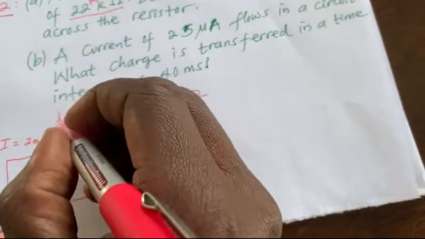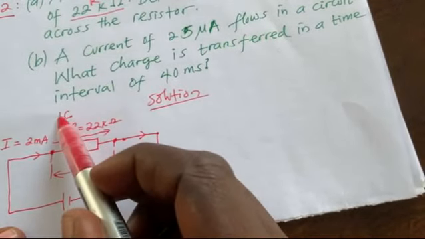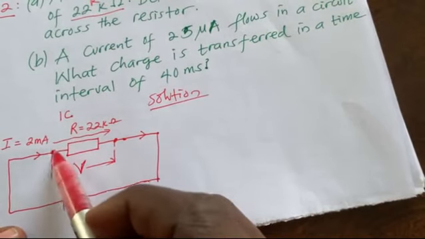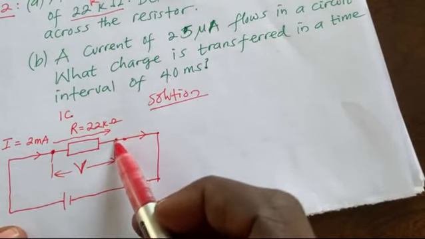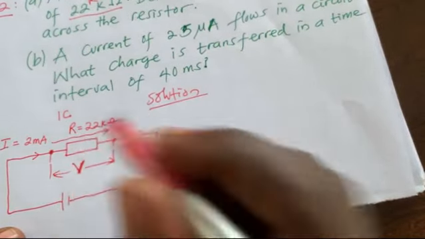Like if I have a charge of 1 coulomb, the amount of electrical work done in taking this 1 coulomb of charge from this point to this point across the resistor is what we call potential drop across this resistor.